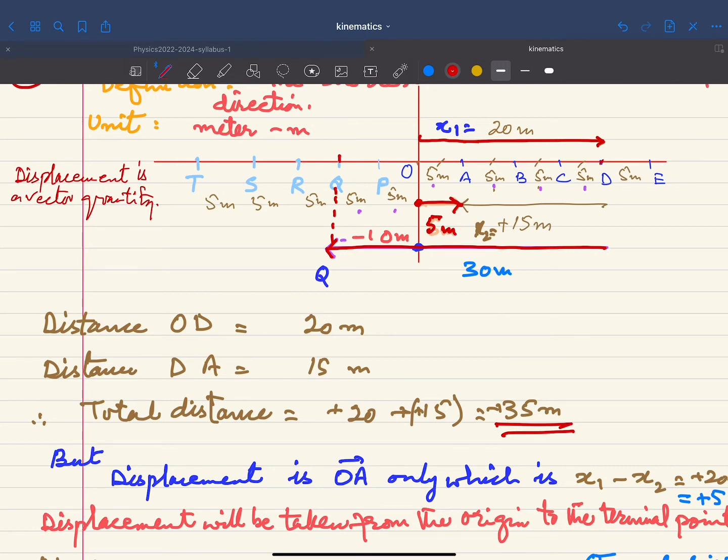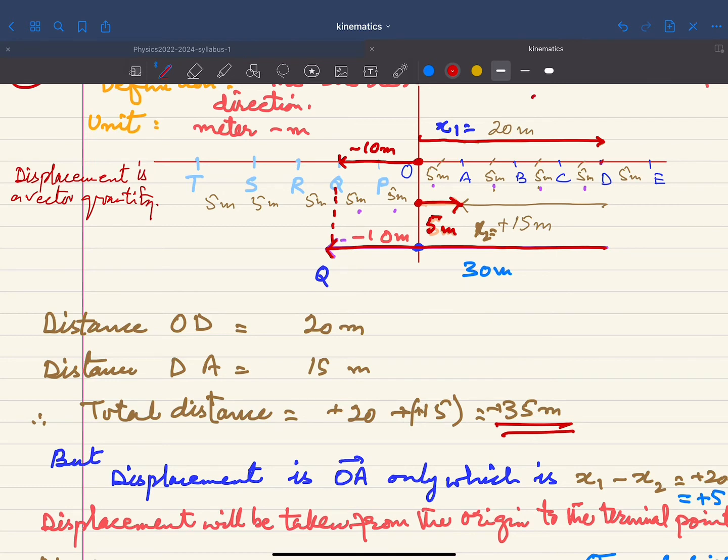Your displacement is not 30 minus 20, but the displacement is from the origin to the final point. So from the origin to the final point is nothing but minus 10 meter. Remember this thing, that minus is only showing the change in direction. So be careful. Now your displacement is minus 10, yani you are on the other side of the origin.